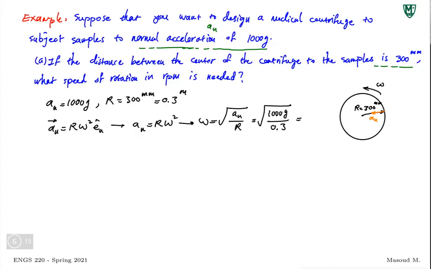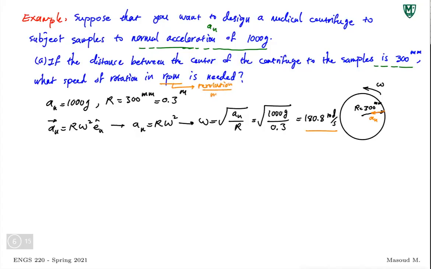Now, everything is in the SI system, so this would be in SI units, which is radians per second. The number you will get is 180.8 radians per second. Now we're asked to find this in revolutions per minute, RPM.